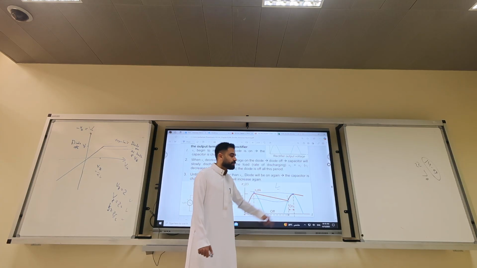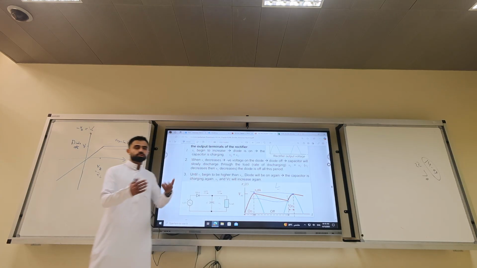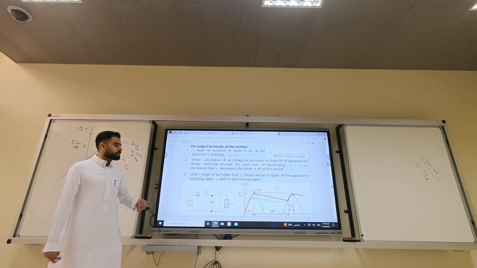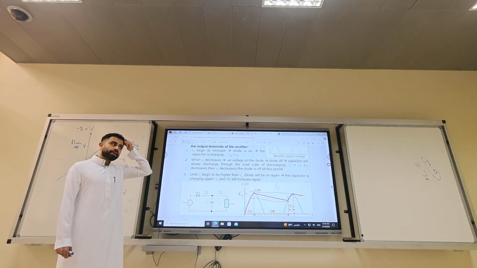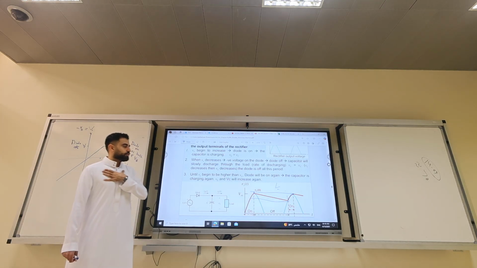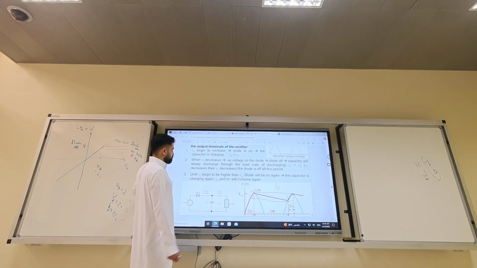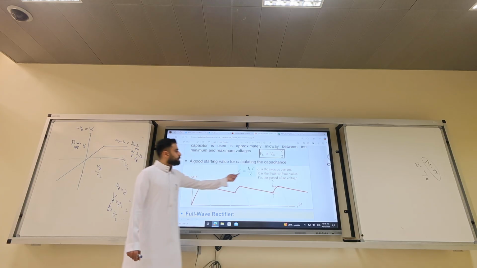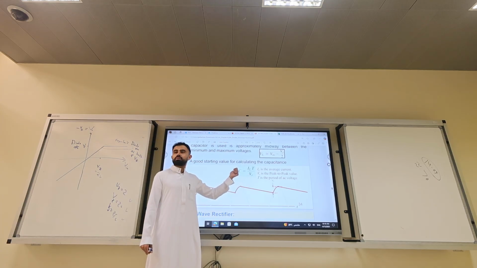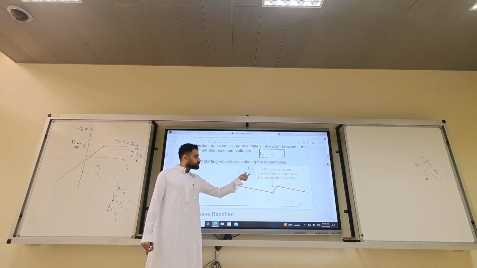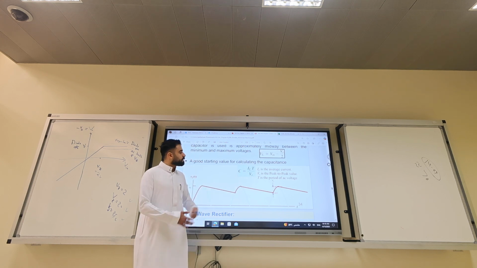And how to calculate the ripple? You have to use an oscilloscope and measure it. Once you know the ripple that you desire: if you want a small ripple, the capacitor value will be large. If you want a big ripple, the capacitor value will be small.